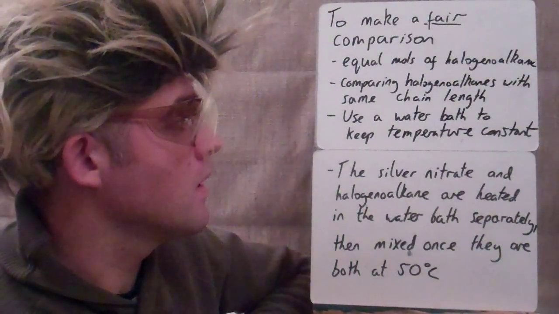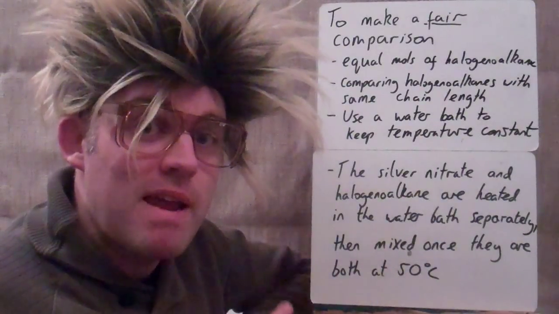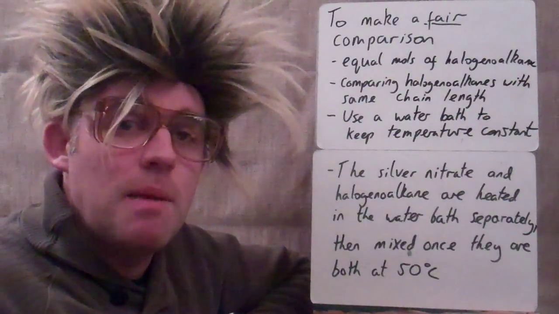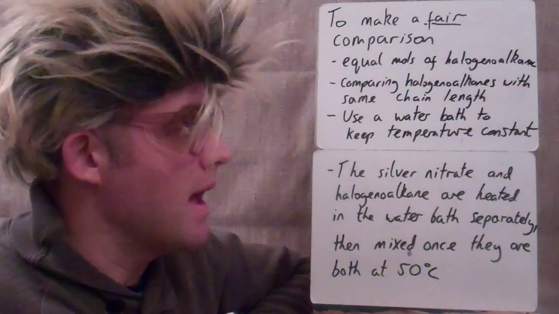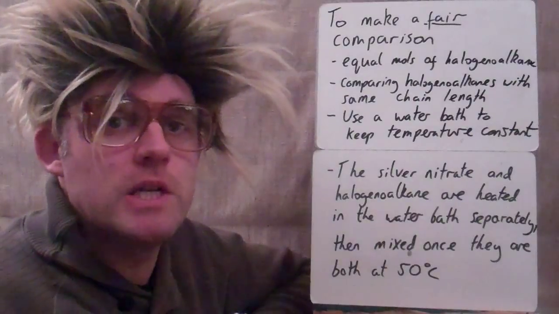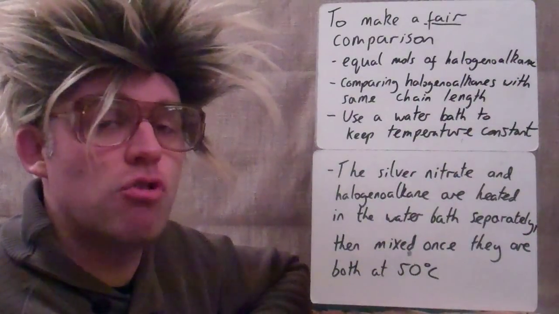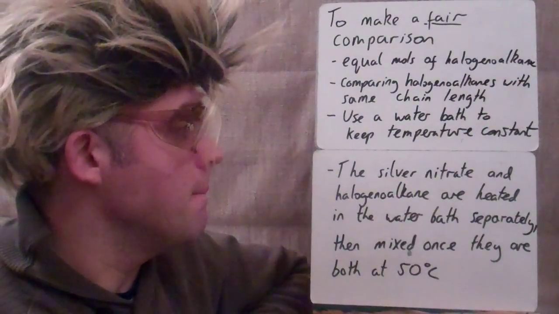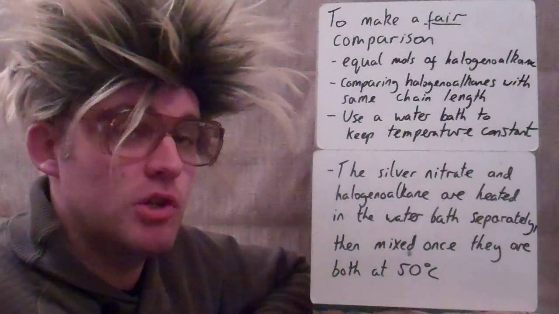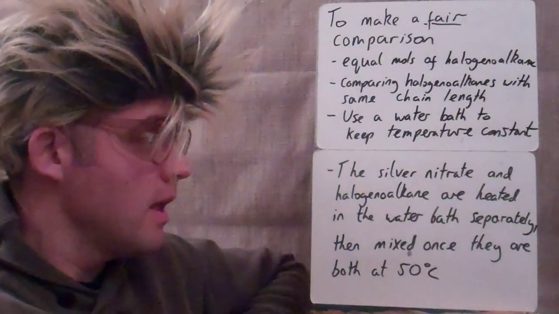Keeping that one constant. Rate is greatly affected by temperature. Okay? So we don't want to change the temperature as well, we want to keep that the same. And the easiest way to do that in this type of experiment is to have a water bath. So you can use an electronic water bath, and that will keep the temperature constant throughout the reaction. Now, we want to make sure that when they react, they're all at the same temperature.